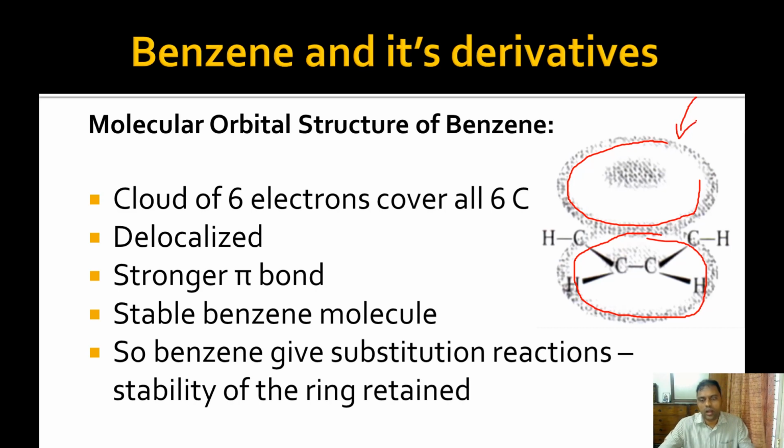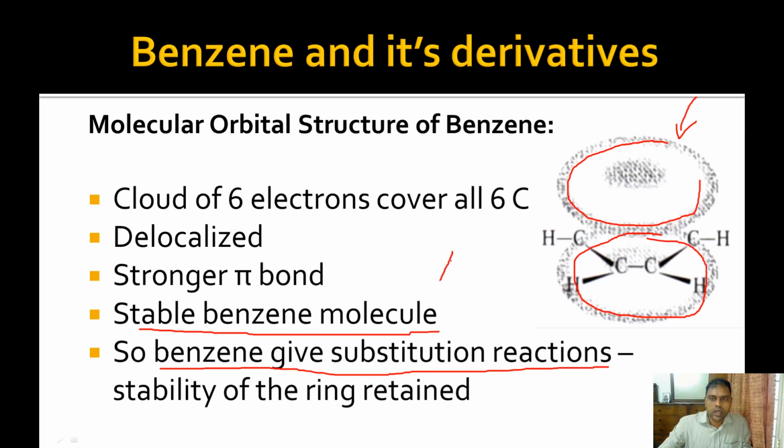It won't let any electron come in, and it is not ready to leave its electron. That's why benzene is a very stable molecule, and it won't undergo addition reaction. It undergoes substitution reaction.